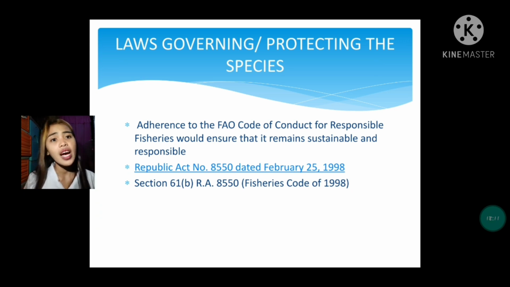The next is Republic Act No. 8550 dated February 25, 1998, Section 61B, the Fisheries Code of 1998. Because of the laws implemented by the government, species are protected, unlike before when there were no laws, and any harmful fishing gear that could make marine species extinct could be used.